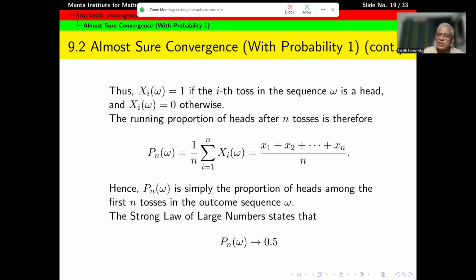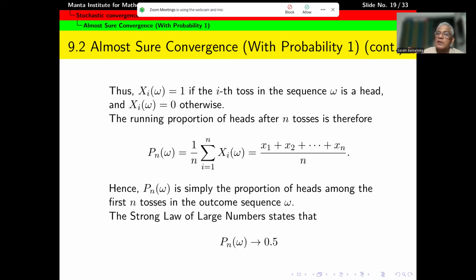So each of x1, x2, x3, and so on will be either 0 or 1. So when you take an omega, it will be a sequence of zeros and ones.